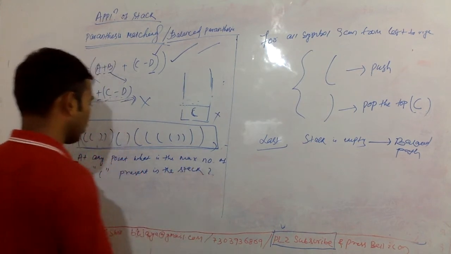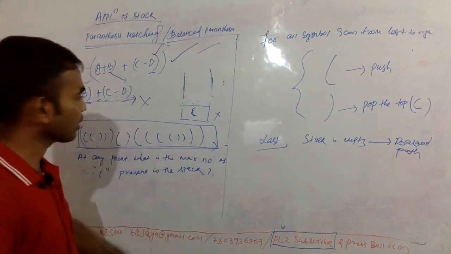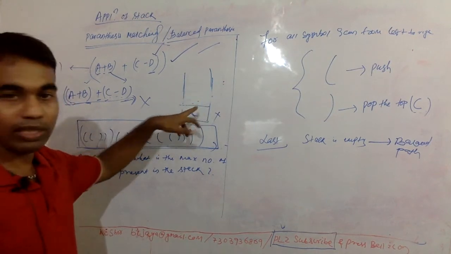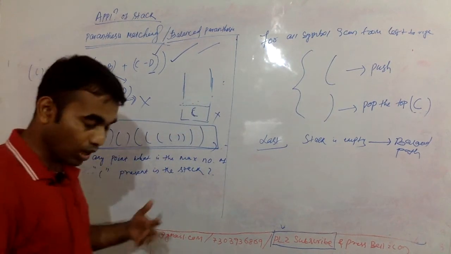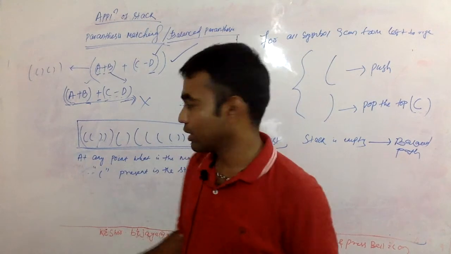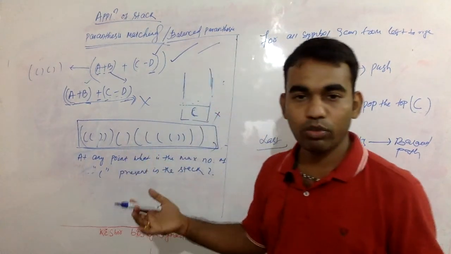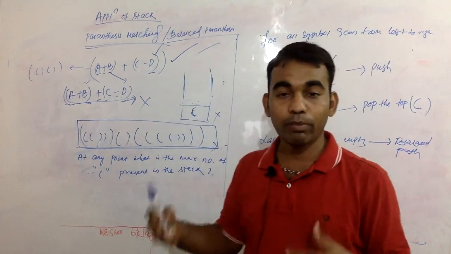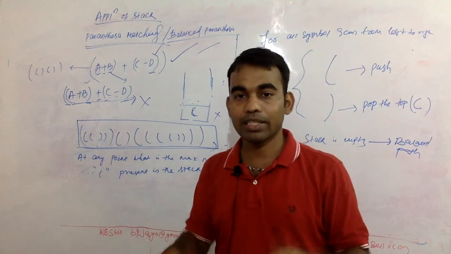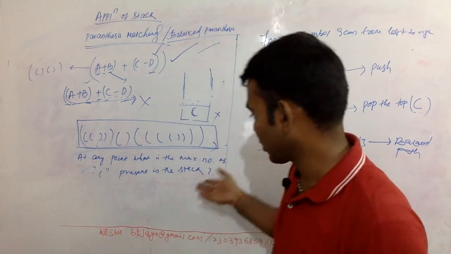If this is the given expression and you are using the same approach that we have discussed, at any point, what will be the maximum number of parentheses that are present in the stack? So that is the question.